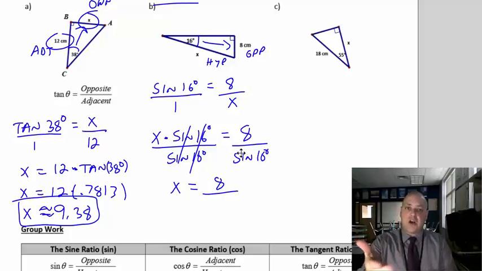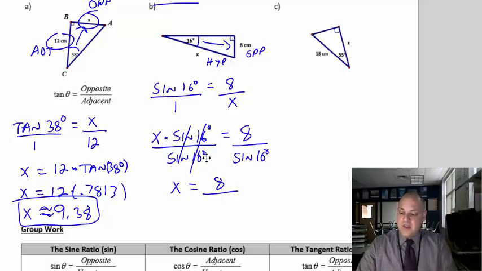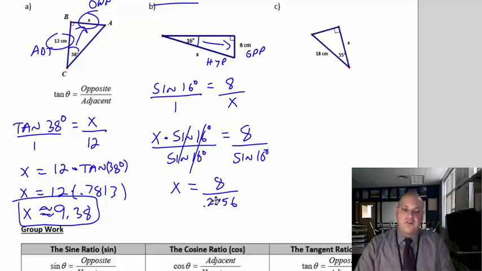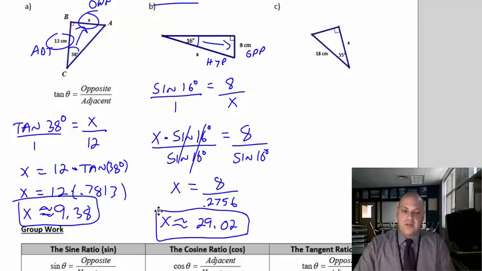Now look it up in the chart. I did it already just to save time. It's 0.2756. And then, of course, you just do 8 divided by 0.2756, and x is going to be approximately 29.02.